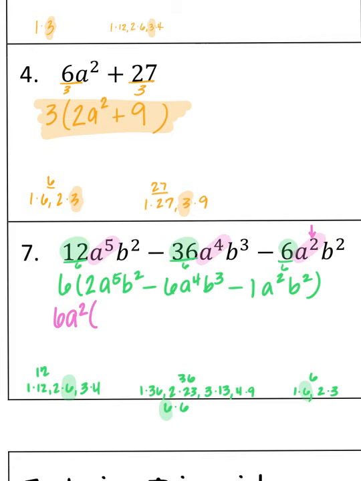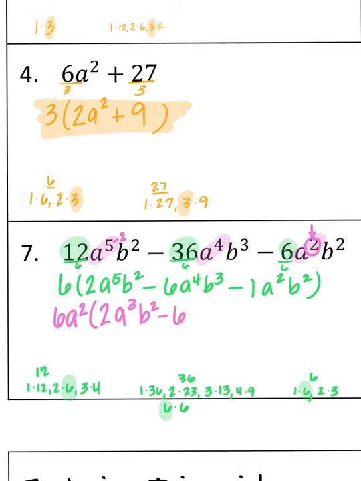With that, I'm going to bring my 2 down. Now I'm going to take a to the 5th and subtract 2 because we're taking 2 out, so a to the 5th minus 2 gives me a to the 3rd. I'm just going to bring my b squared down because we're going to get to that in the next step.